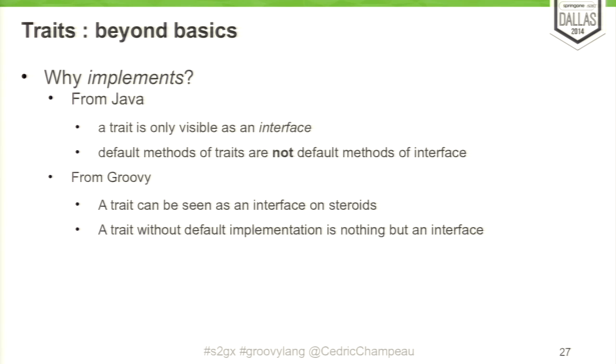It is possible on the Java side to implement a class using a trait, but you have to know how it is actually implemented in Groovy. And you have to do some little magic. Basically, all the magic that the Groovy compiler does for you, you would have to do by hand in Java. So it's probably not a good idea to implement traits in Java.